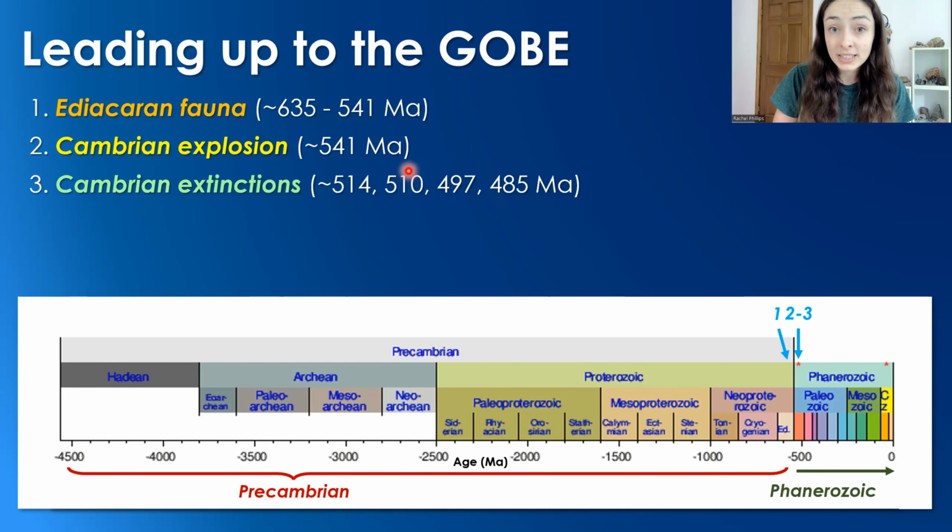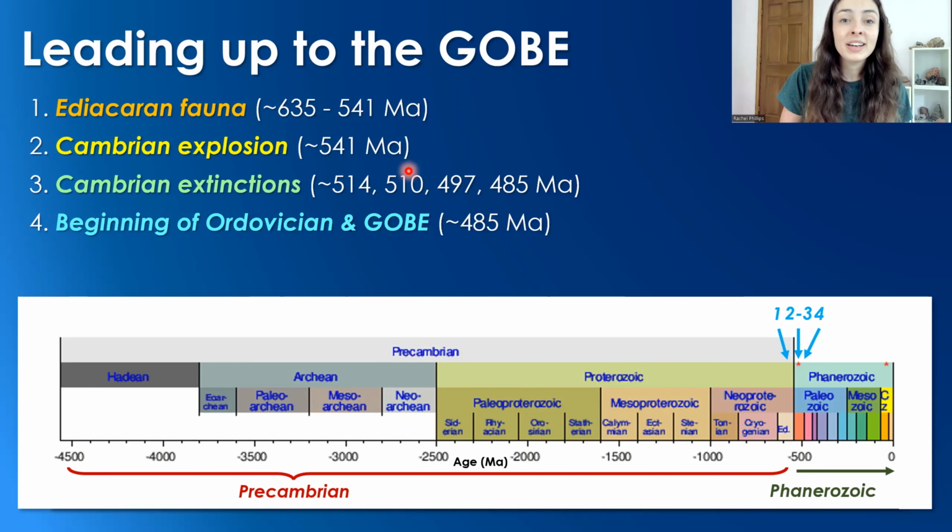Then we had Cambrian extinctions around 514, 510, 497, and 485 million years ago. Many periodic extinctions because life was still figuring itself out, and so were the oceans, equilibrium, and the chemistry, because oxygen had just increased recently. It was a whole thing. I talk about this in other videos, so I won't go into it here, but there were many Cambrian extinctions, so it was still a very unstable ecosystem.